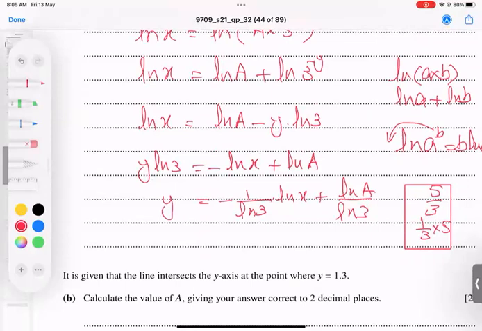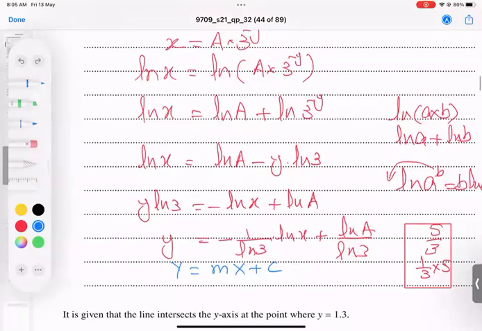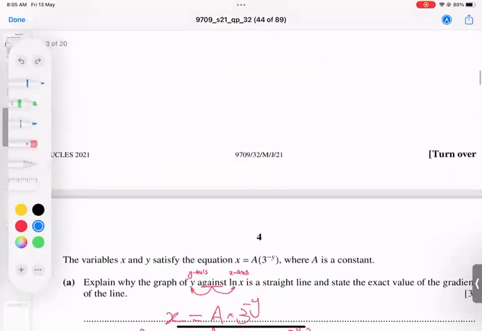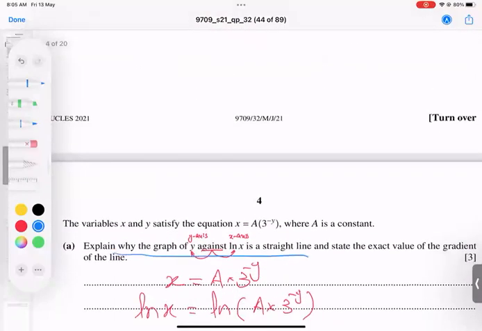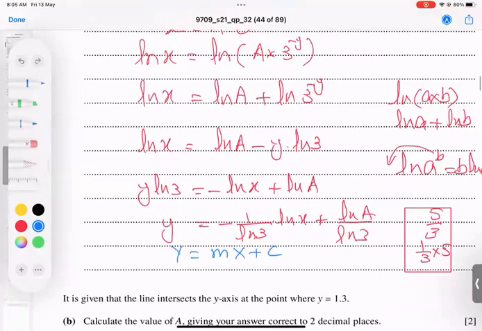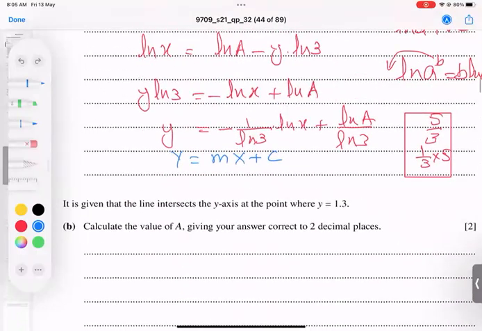According to the formula, we can convince that it is y equals mx plus c. So this is called y, and this is the y-axis. This is called x-axis, this is called gradient, and this is called y-intercept. So he was asking to convince. Read that statement, please. Explain why. You can see that it is clear, right?